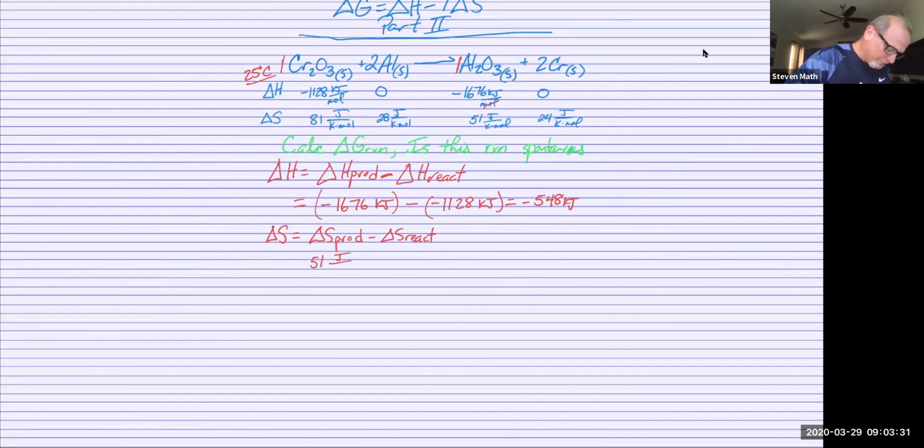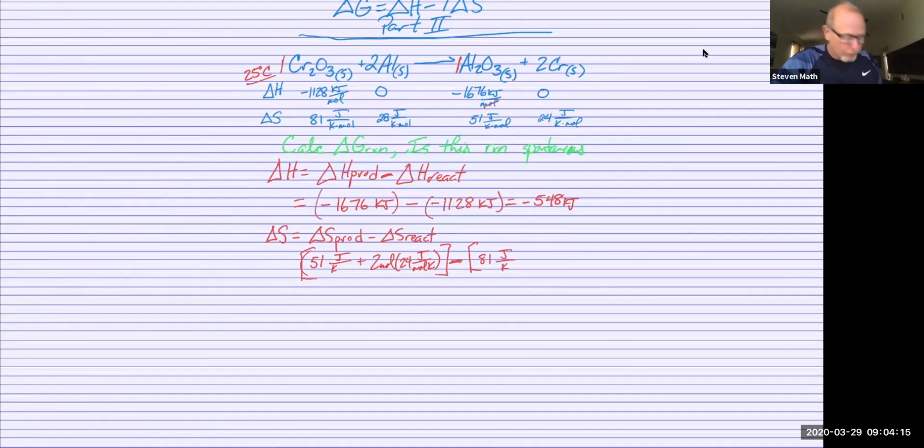How come? Well, because it takes energy to make something. So 51 plus 2 moles times 24 joules per mole Kelvin minus now our Cr2O3. This one we're going to leave as just 81 joules per Kelvin. Understand, we multiplied it by that 1.